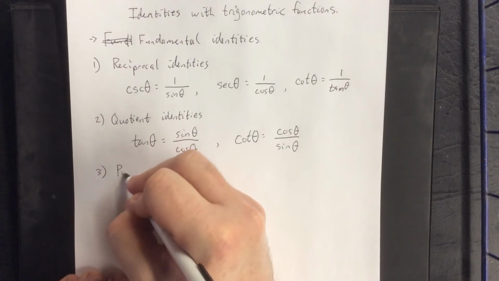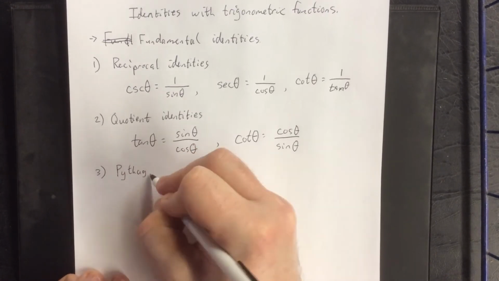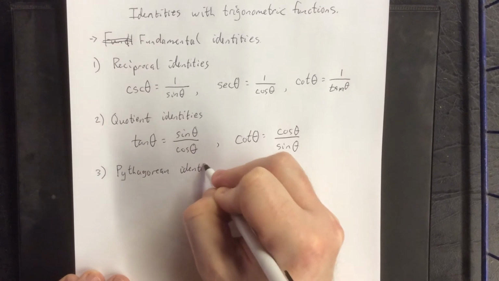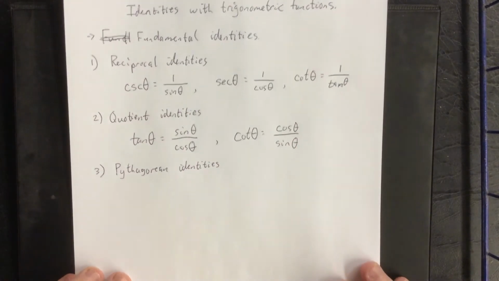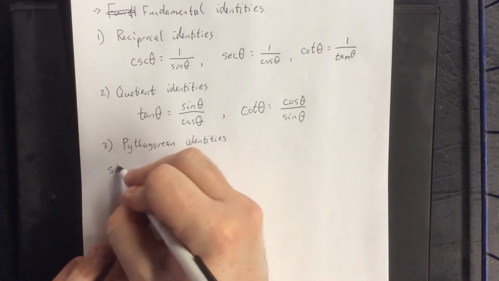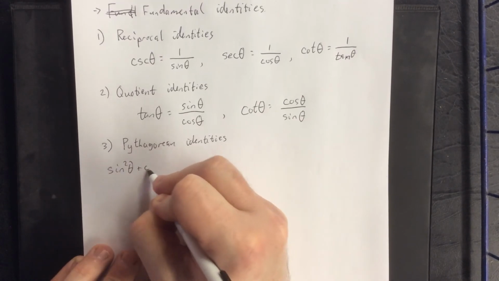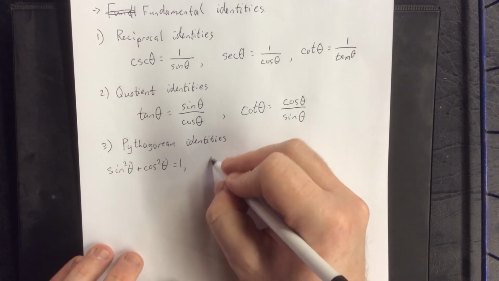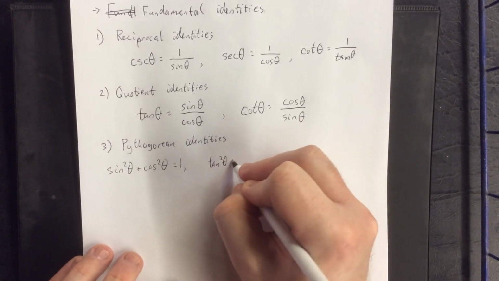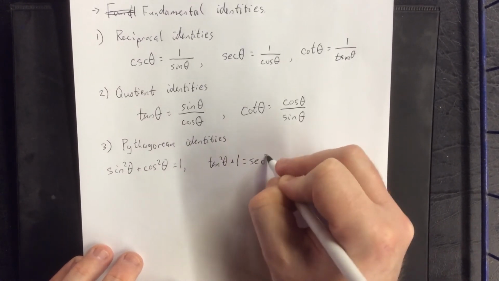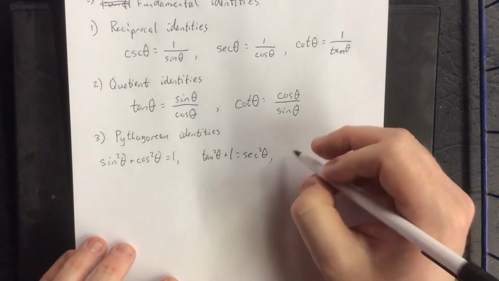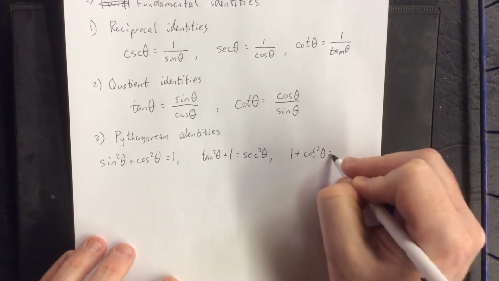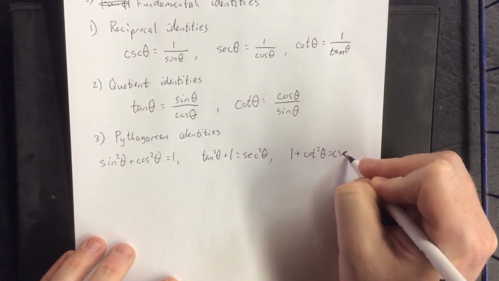We also had Pythagorean identities, and there were 3 of these. They were the sine squared of an angle plus the cosine squared of an angle is equal to 1. We also had tangent squared of an angle plus 1 is equal to the secant squared of an angle. And finally, 1 plus the cotangent squared of an angle is equal to the cosecant squared of an angle.